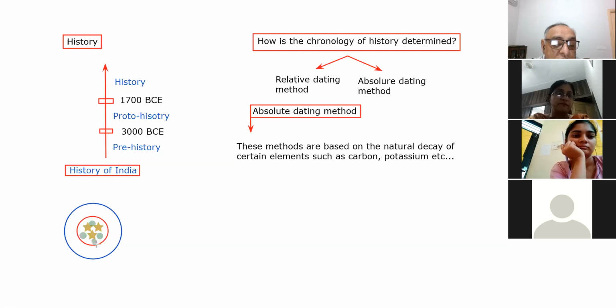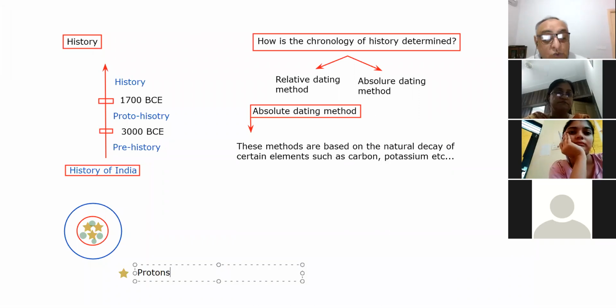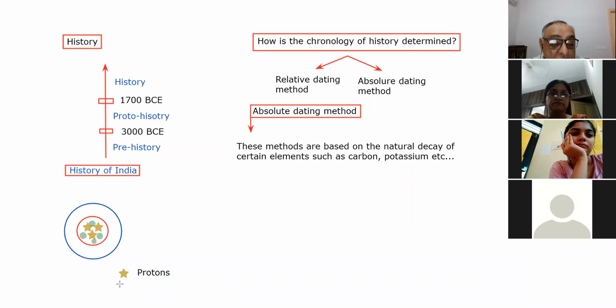Just for the sake of simplicity, let's suppose we take these as the neutrons, and this is called the proton. So inside the nucleus there are protons, and neutrons as well. This is for the neutrons which I am using here, right?